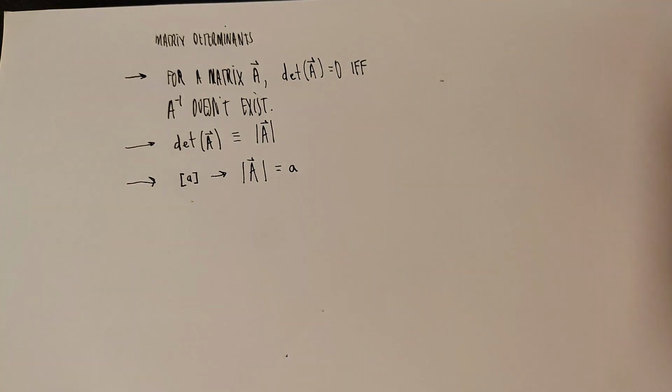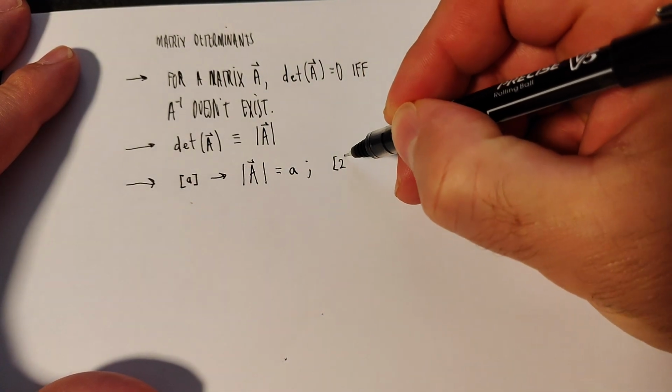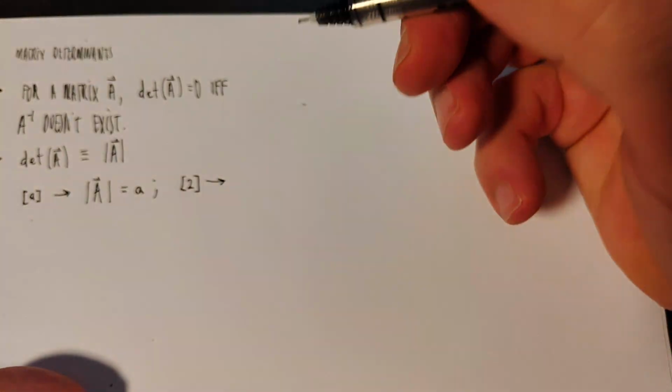So for example, if we got the matrix 2, just like in the notes, the determinant of this is just 2.